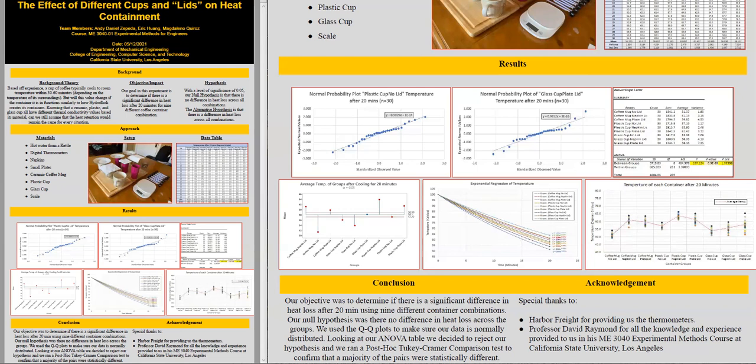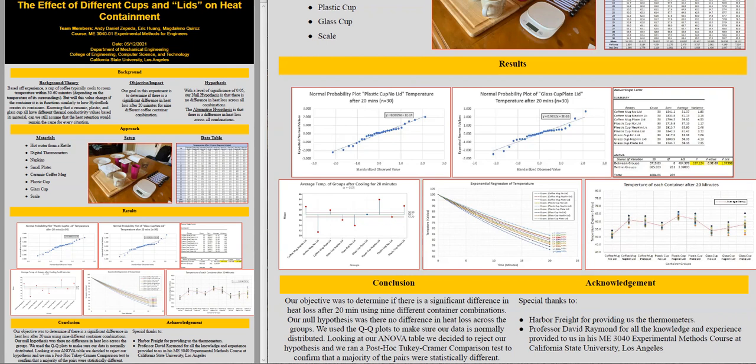So now I'll be mentioning the categories with no lid. A coffee mug took 48.77 minutes, a glass cup took 51.92 minutes, and a plastic cup took 57.48 minutes. And then our other category was using a napkin lid. A glass cup took 55.50 minutes, a coffee mug took 64.38 minutes, and a plastic cup took 73.16 minutes.